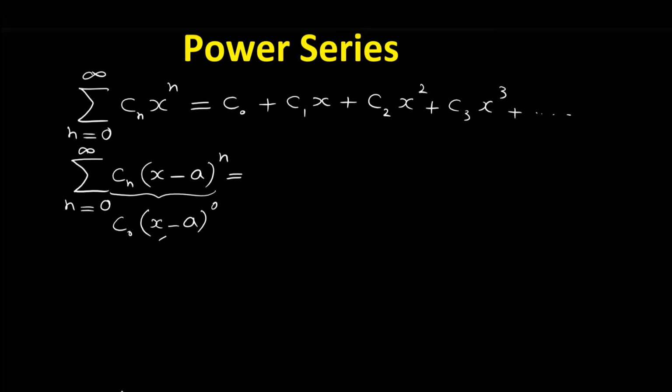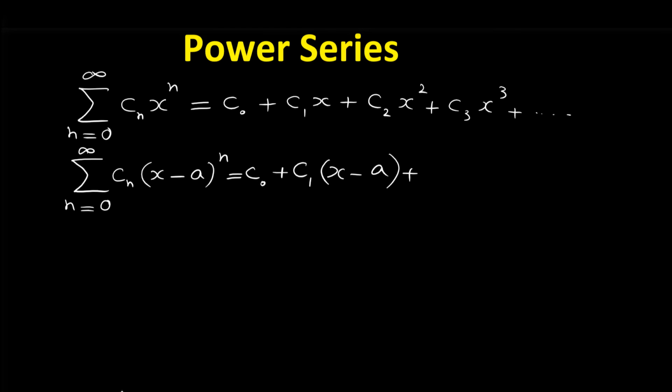We know that anything except 0 to the power of 0 is 1. So if we put n equals 0, the first term of this power series is c sub 0. If we put n equals 1, the second term is c sub 1 times x minus a. The third term is c sub 2 times x minus a to the 2, and so on.